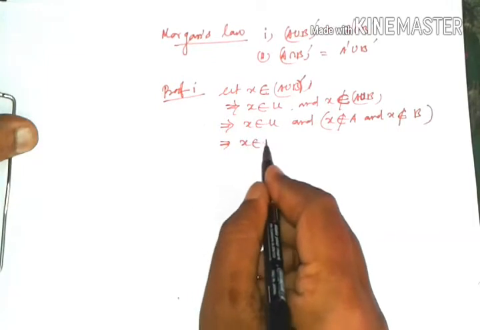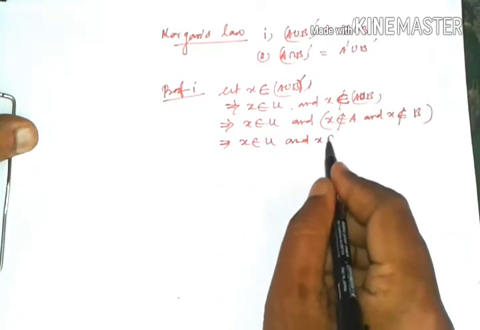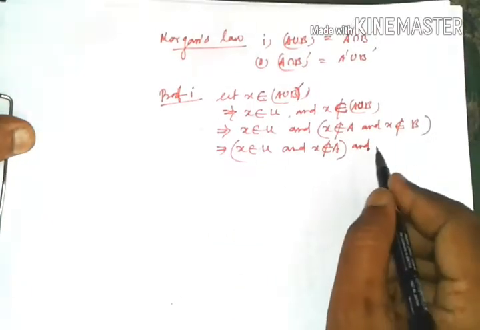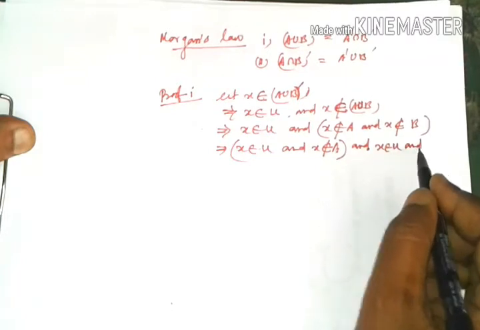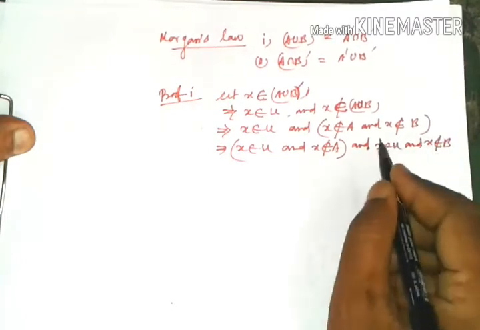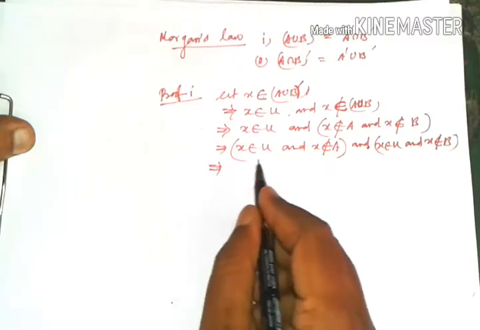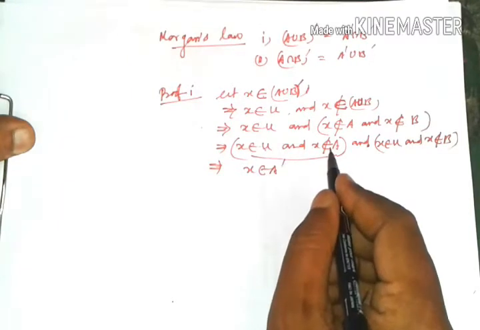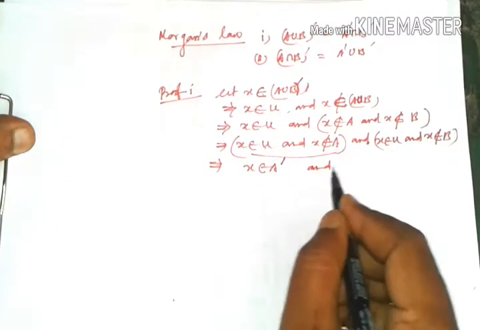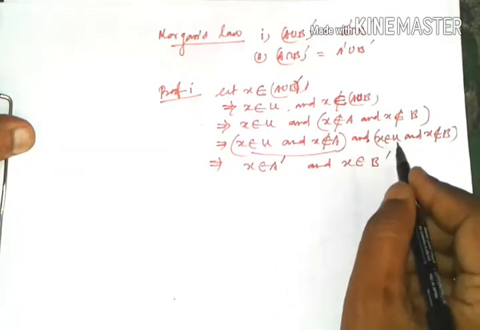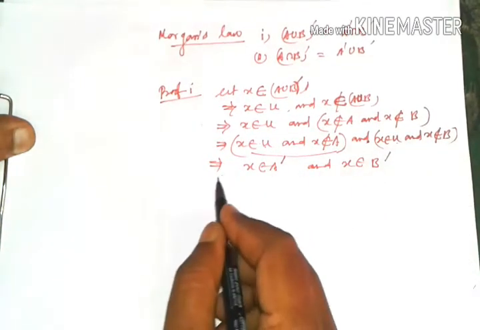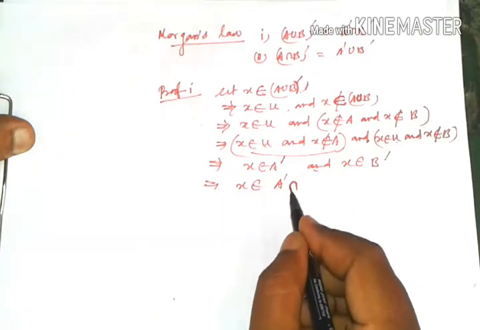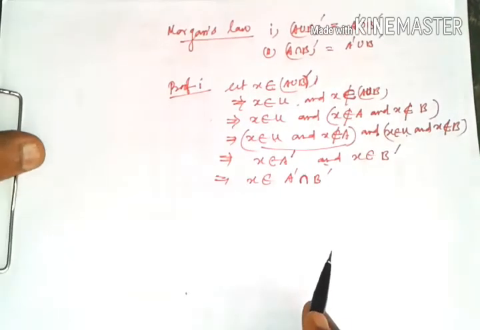This implies X belongs to U and X not belongs to A and X belongs to U and X not belongs to B. From this we can write X belongs to A dash, since U is there and A is not there, so A dash is there, and X belongs to B dash. U is there and B is not there, so B dash is there. This implies X belongs to A dash intersection B dash.